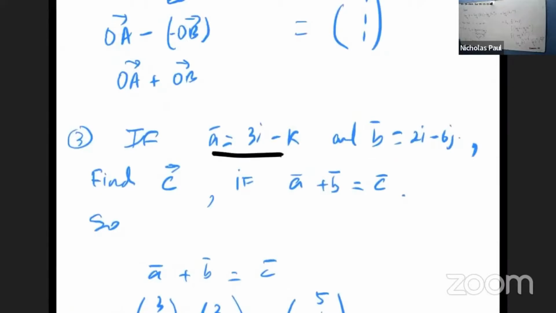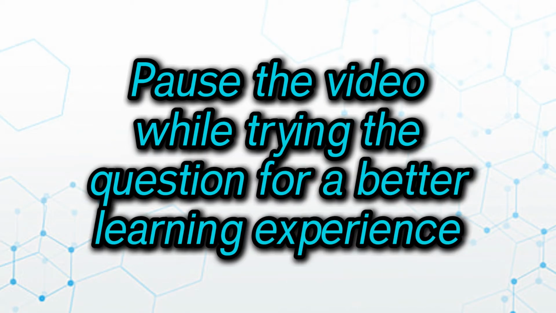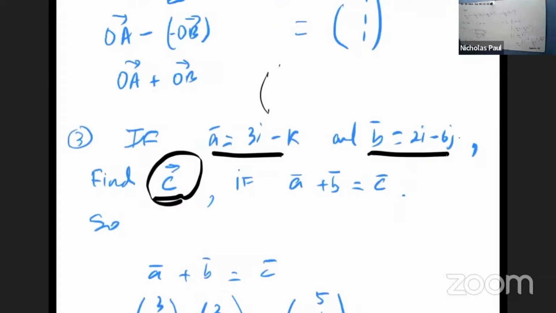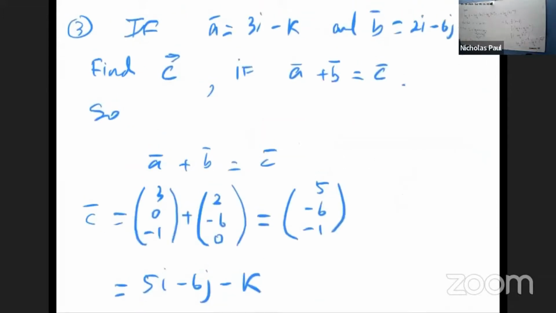A is this, B is this, and C. Let's see if we can find C. Remember, A is 3, 0, minus 1. B is what? B is 2. So add it and you will get C. 5, 6, minus 1. Very good.